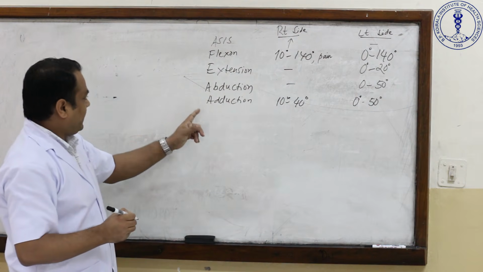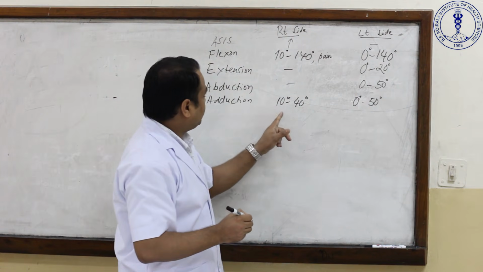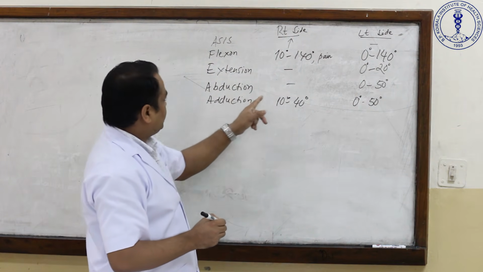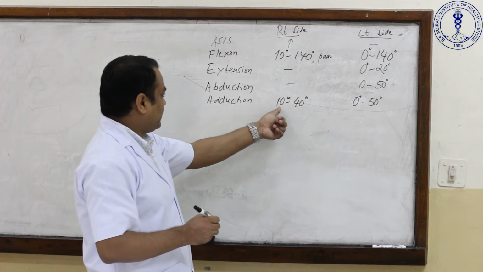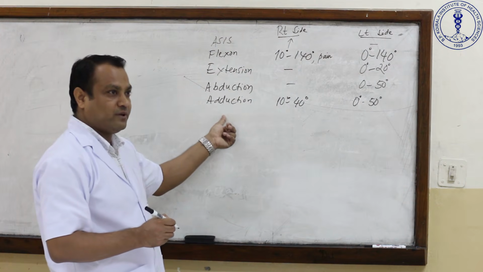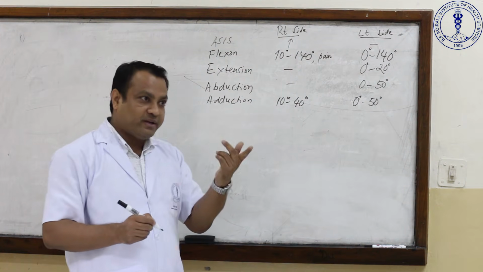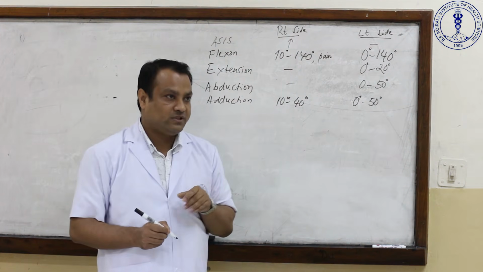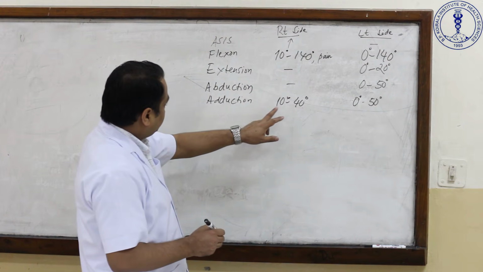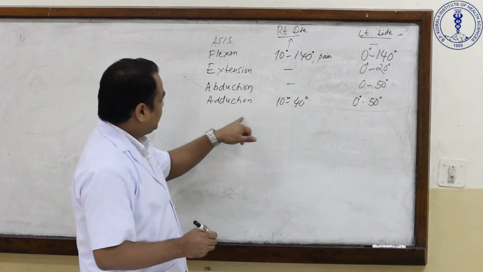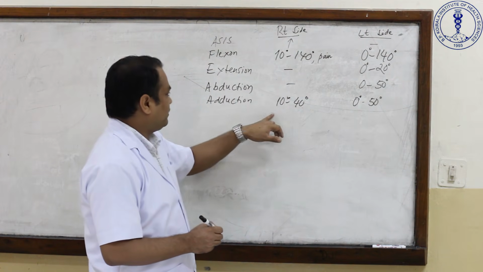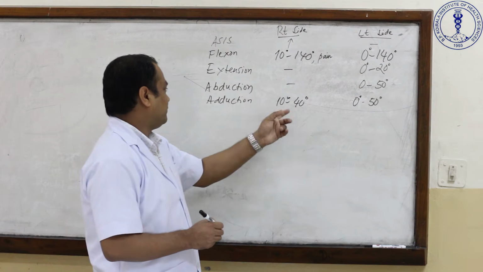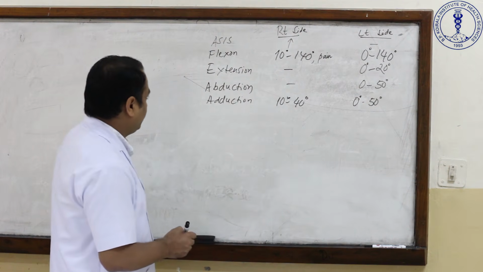Similarly, now see here, the adduction is from 10 to 40 degrees on this right side. However, abduction is not possible. This again implies that there is a fixed 10 degrees of adduction deformity. Why fixed? Because the opposite movement, that is the abduction, is not possible here. So this implies that there is 10 degrees of fixed adduction deformity with further range of motion from 10 to 40 degrees. And of course, abduction is not possible here.